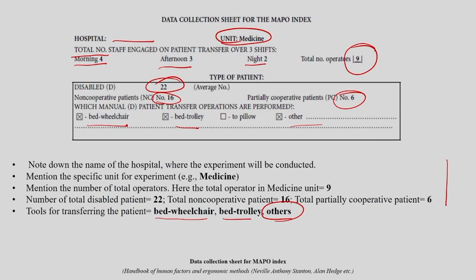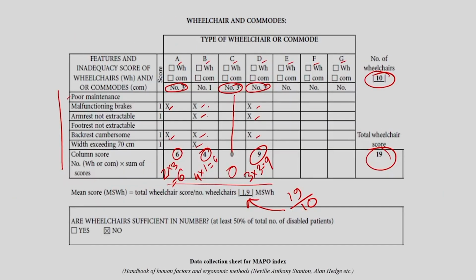Our total number of patients in this particular case was 22, right? So 16 plus 6, 22. So technically if we want sufficient number of wheelchairs, it should be 11. Here we have how many? 10. So definitely we have insufficient number of wheelchairs, right?